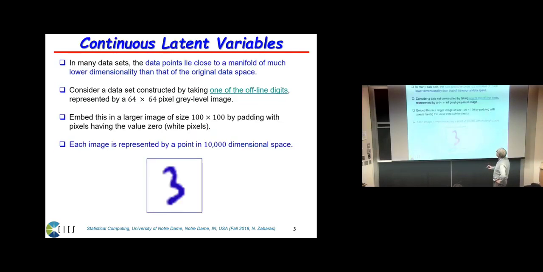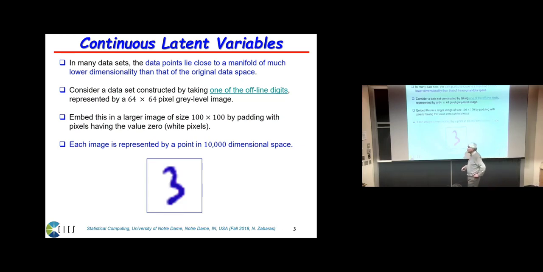All right. So again, we're going to try to avoid lots of details today so we have an easy lecture. Let's say that somebody gives you data that consists of the handwritten digit 3. This is sort of a pixelized image. You can think that these digits are basically 64 by 64 pixels, but you do some padding, you put all these blank pixels around, so the dimensionality is 100 by 100.